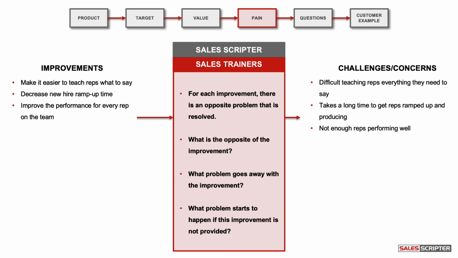And when you have a sales team of different levels of experience and different skill sets and different personalities, you can often have not enough of the team performing well. So whether or not those are perfect pain points for product to sales scripter, I just want to demonstrate that we arrived at that list of pain points very easily just by looking at the 3 improvements and saying, what is the opposite of that?